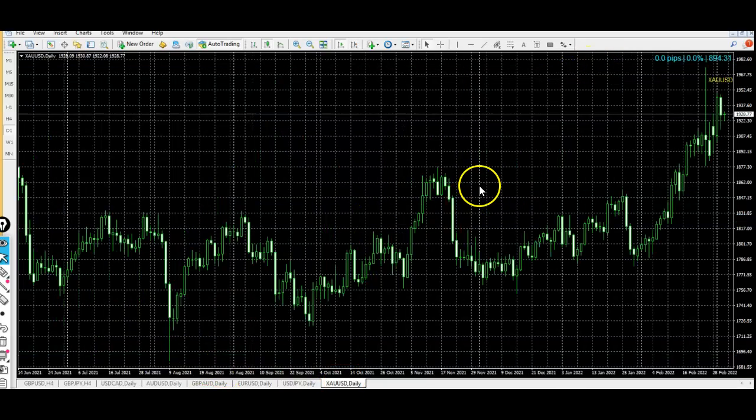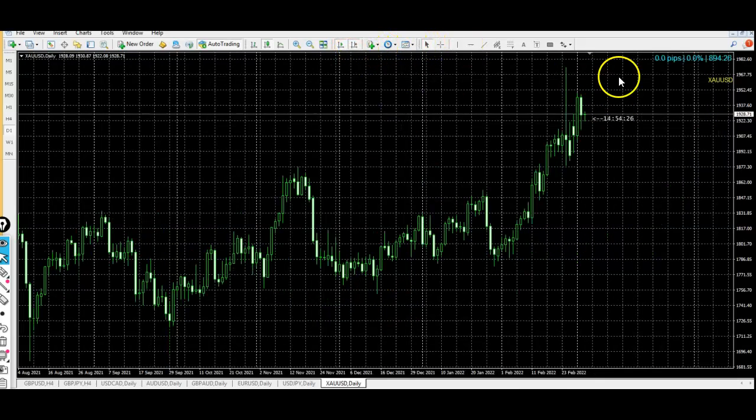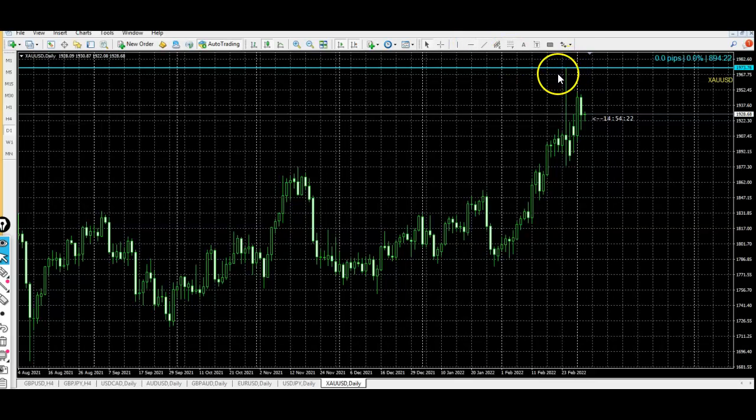Okay, let's look at the last one. This is gold on the daily chart. It gave us a nice rejection at that level. That means if price comes here, it could actually turn again. It's giving us a bullish engulfing candle, but this bullish engulfing candle is inside this big trend, so I don't trust it that much. It's not a very nice one.